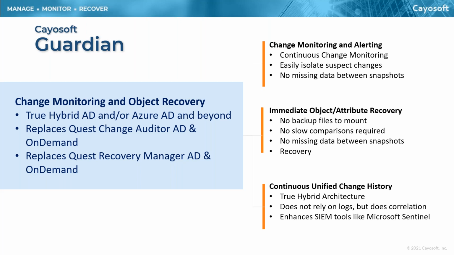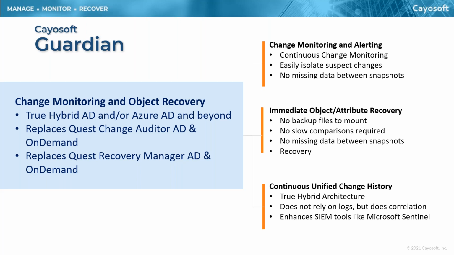This also provides immediate object and attribute recovery. So this is kind of where it's like Recovery Manager. The first goal up there was talking about change auditing, change monitoring, and alerting, and this one's now talking about backup and recovery. In this particular case, the base Guardian product doesn't require snapshots. You don't have to schedule a backup at midnight every night.